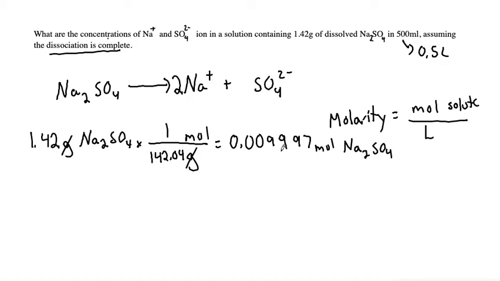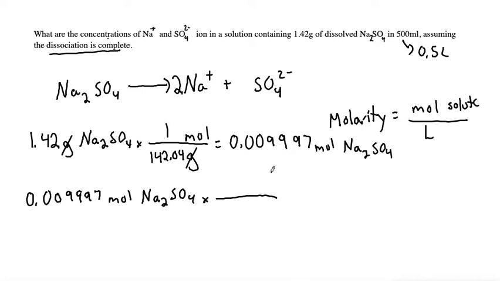So what we do with the moles is we know that from the balanced reaction that 1 mole of the Na2SO4 goes to 2 moles of the Na+ and 1 mole of SO4 2-. So let's start with the amount of the total, the 0.009997 moles of Na2SO4.